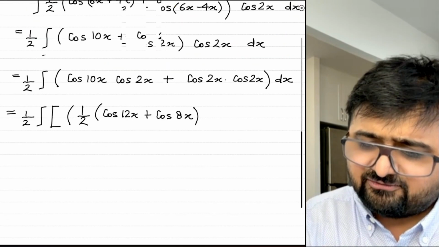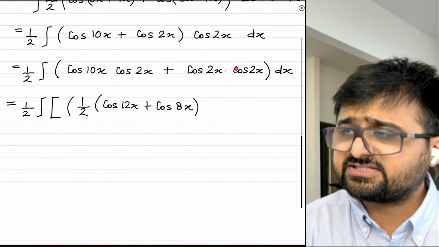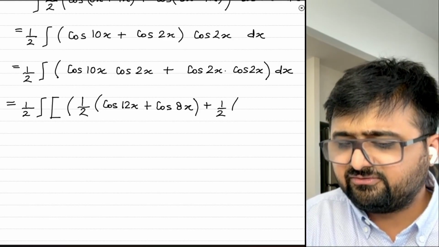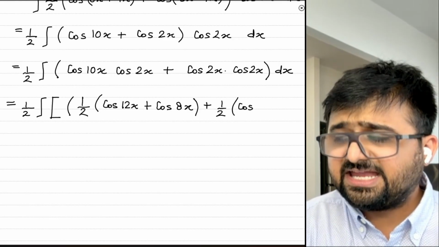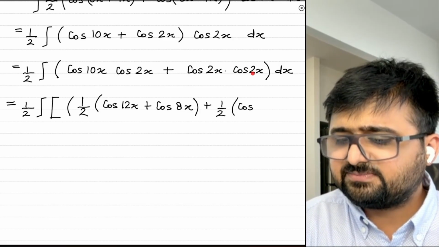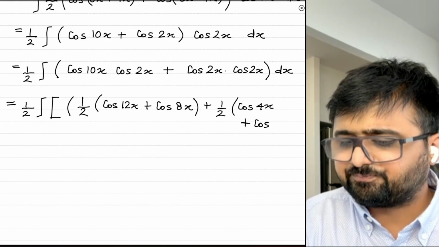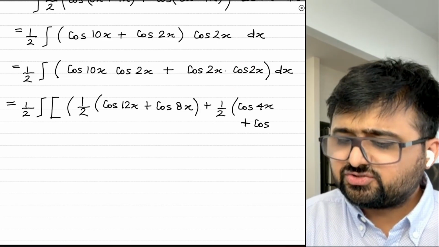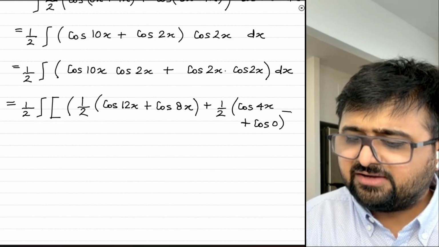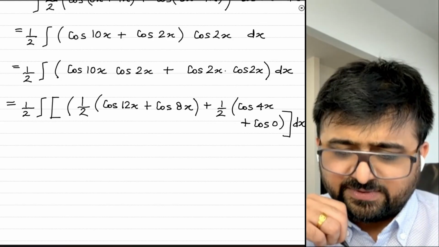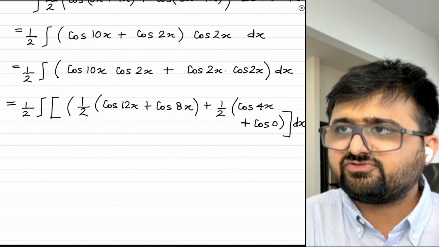I will apply the same formula in the next term, so cos times cos is again half cos A plus B, so 2x plus 2x is 4x, plus cos 2x minus 2x is 0. I will close that box bracket, and my integral is with respect to x. I just applied the defactorization formula in those terms.